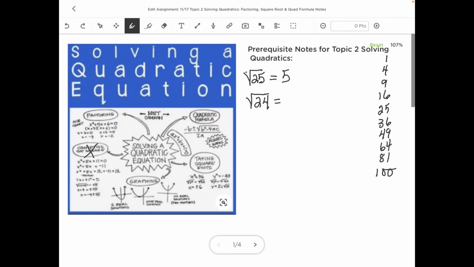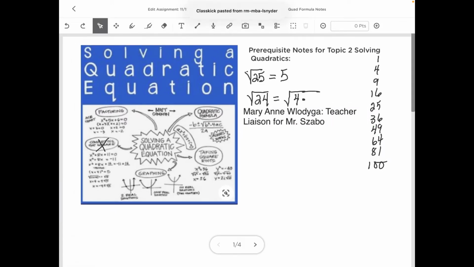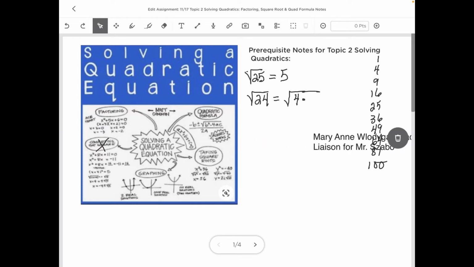So you're going to take the number under the radical, and you're going to search for the largest perfect square that divides into that number. So if I look at 24 and I scan down the list, I see that 4 is the largest perfect square that divides into 24. And so we are going to factor that radical into the square root of 4 times the square root of 6, or square root of 4 times 6.